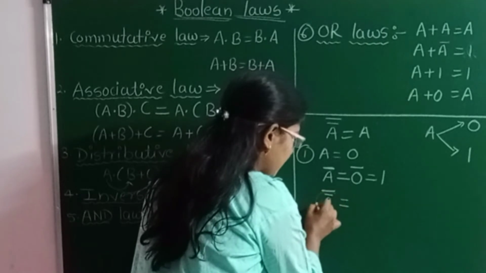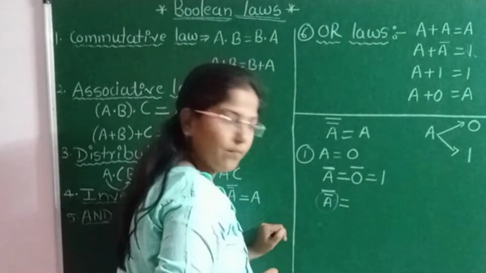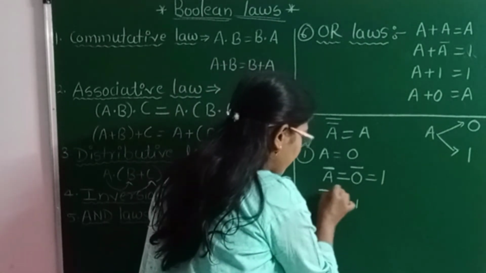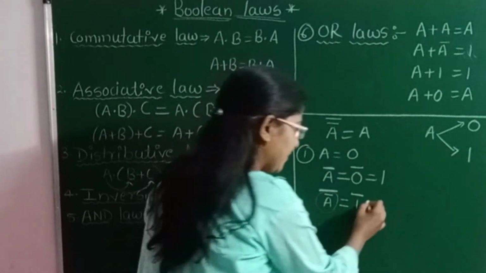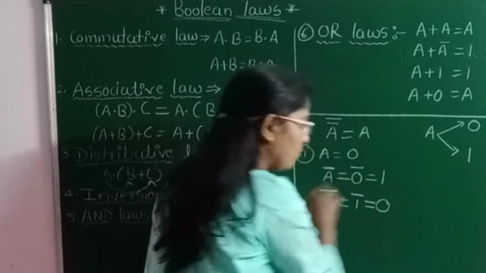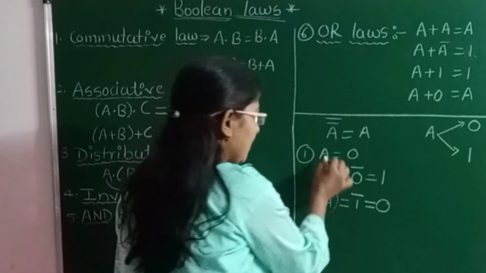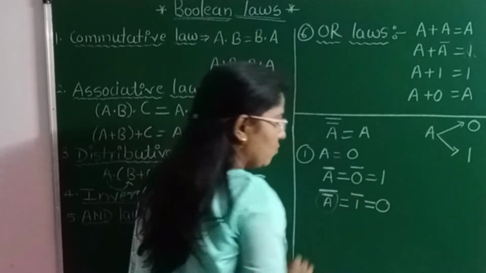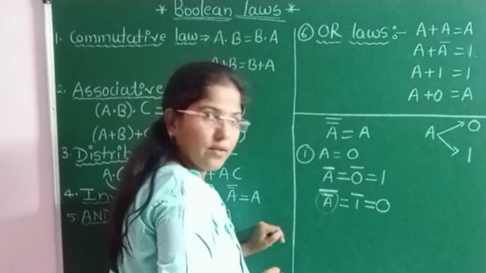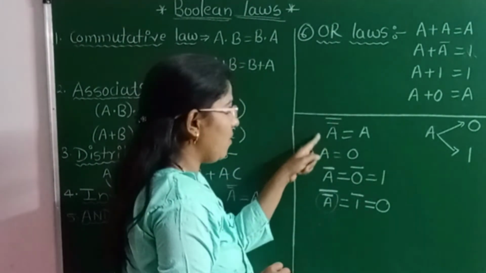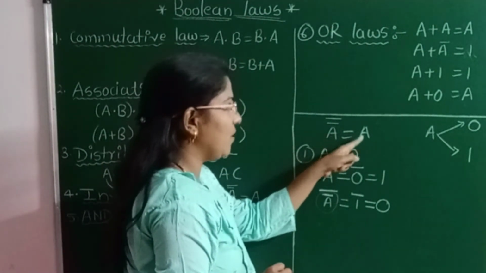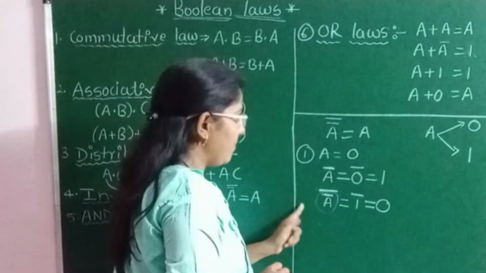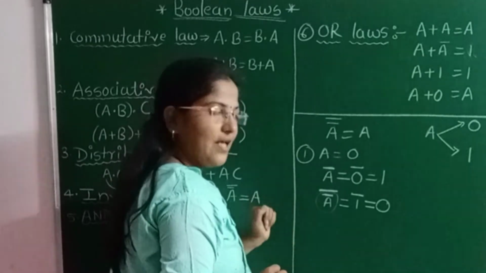Now see what the value of A complement is. Here the value of A complement is 1 and the upper complement will remain as it is. So the complement of 1 is equal to 0. Now you can see here A is equal to 0 and A double complement is also 0. That means when we take the double complement of any variable, it is equal to the original variable. Now this is for the first value of A, that is A equal to 0.